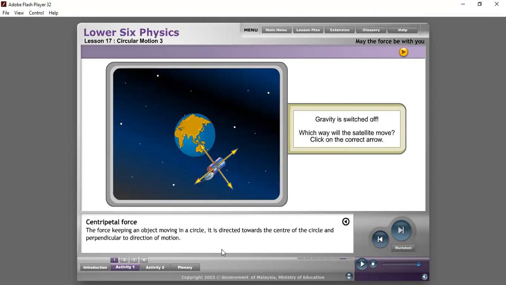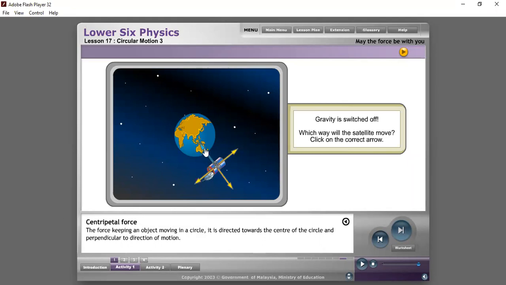The centripetal force is the force keeping an object moving in a circle. It is directed towards the center of the circle and perpendicular to the direction of the motion. So this is the centripetal force.